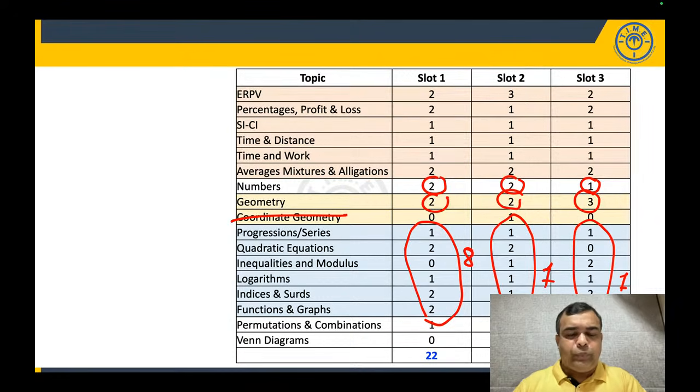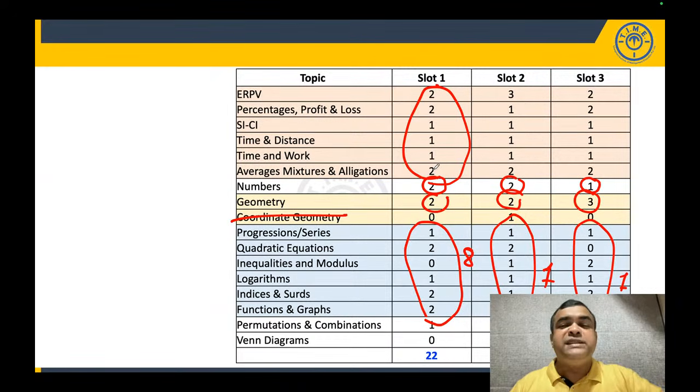Fine. Now let me tell you the past, whatever the past history of CAT is. The data is available with us. When CAT became online, in the initial years, everybody was attempting arithmetic, and arithmetic was of a moderate level, not say easy level.